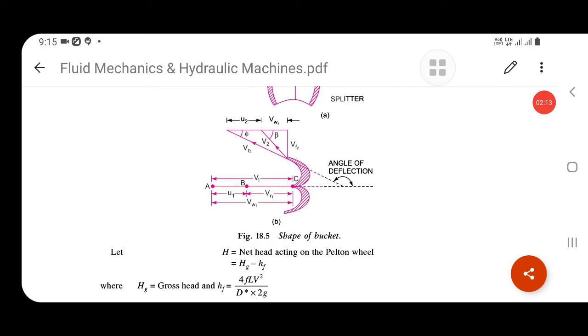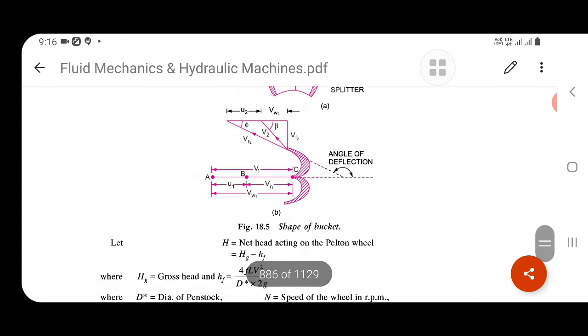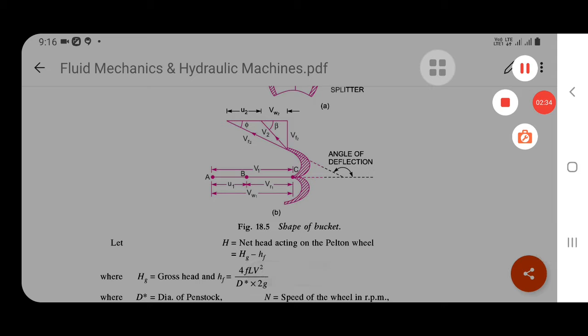VF2, V2, phi and beta, U2, VW2, these are the required angles. So in this, firstly draw the angle. Draw the diagram carefully.